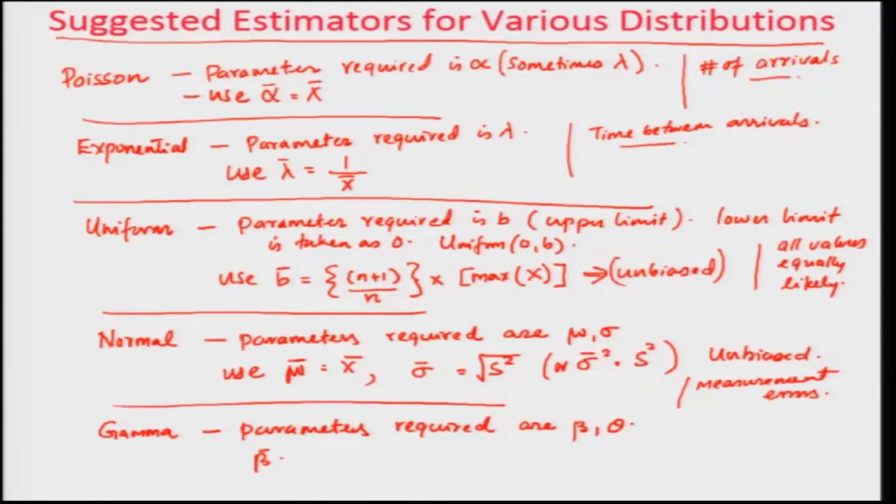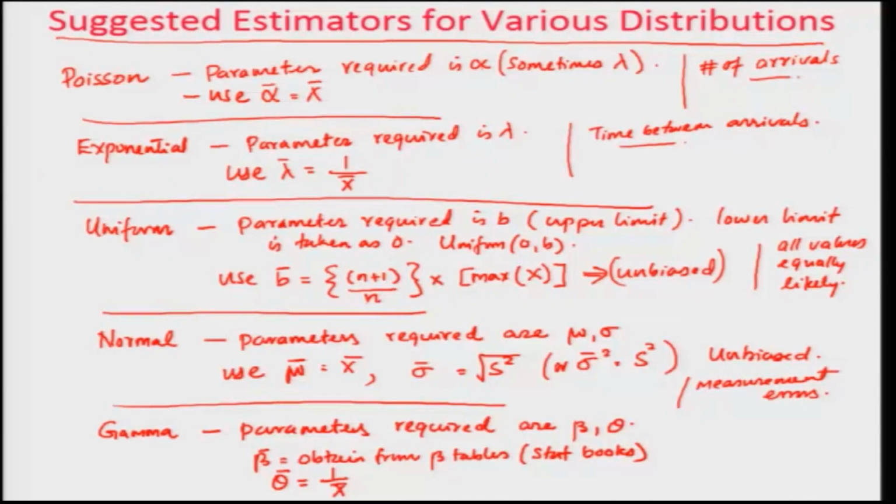Beta bar is obtained from beta tables, stat books. Statistical textbooks will tell you the beta tables. From there, you can obtain the value of beta bar. Okay. The theta bar, however, can be calculated as 1 over x bar.